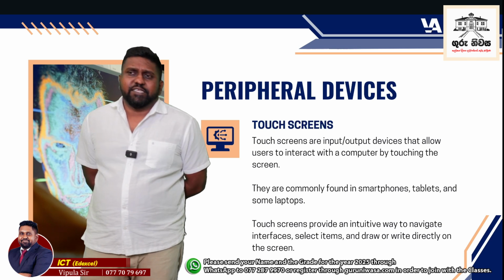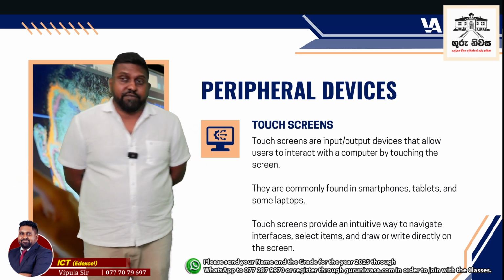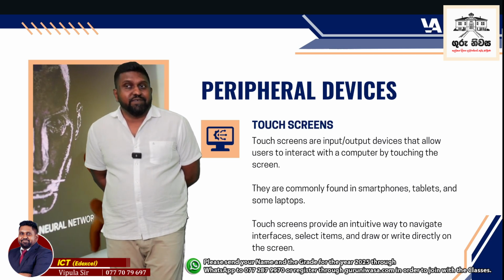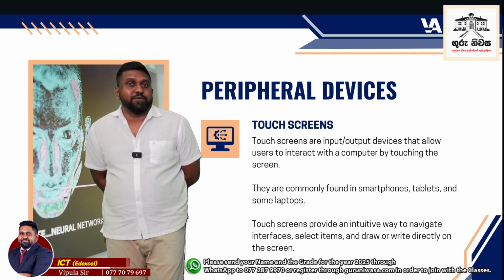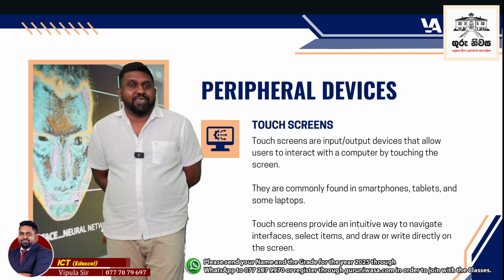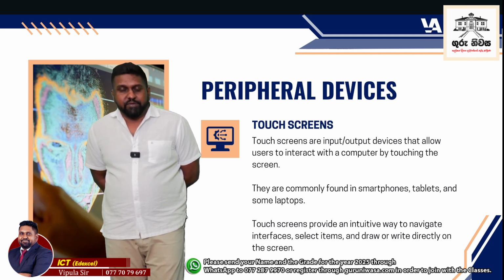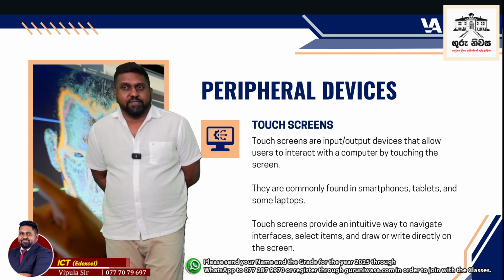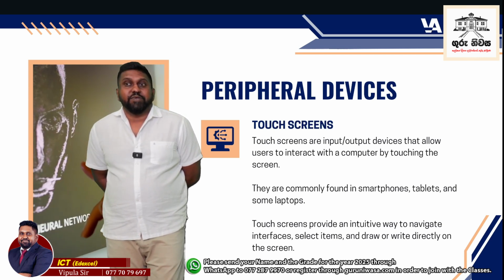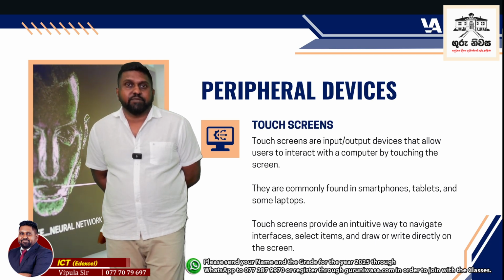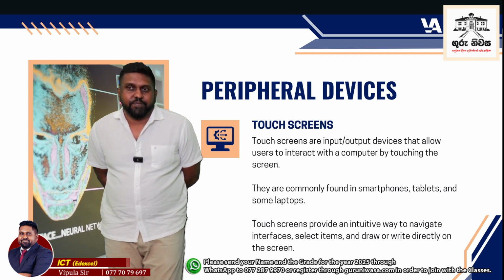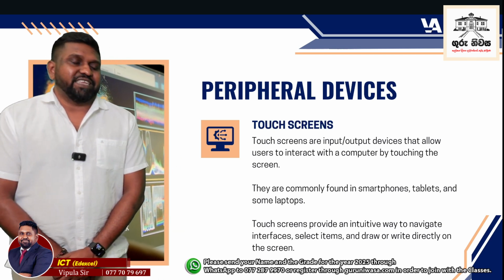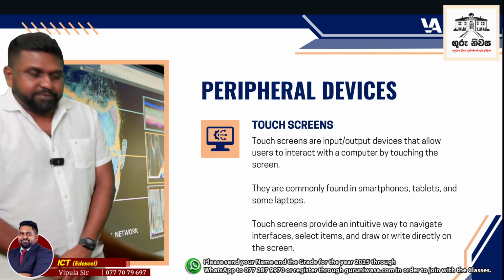And touch screens. Touch screens are commonly found almost everywhere, in smartphones, in tablets, in laptops and all. So read the definition and write it down, please. Touch screens are input-output devices that allow users to interact with a computer by touching the screen. Remember the definition. Nowadays you can see touch screens almost everywhere because they are very popular now.